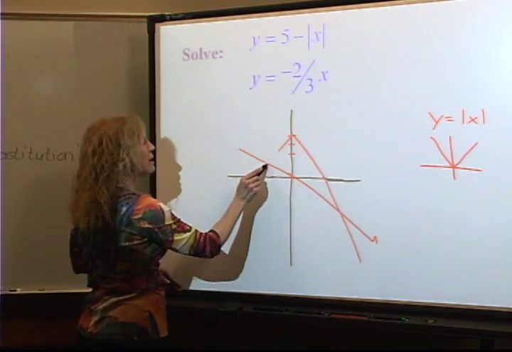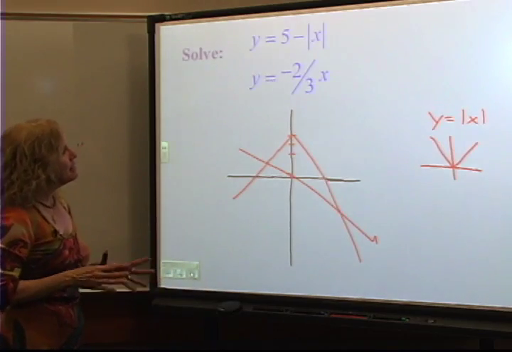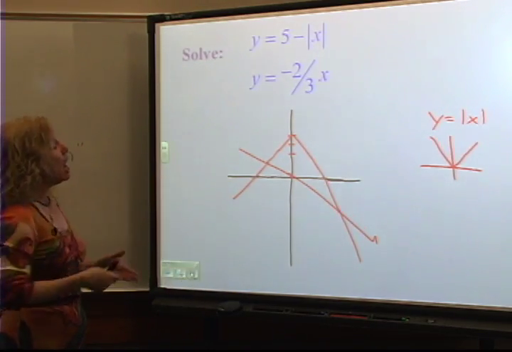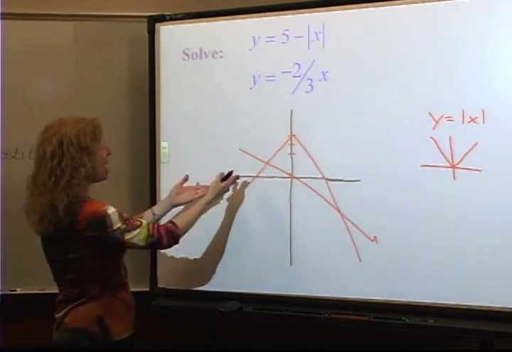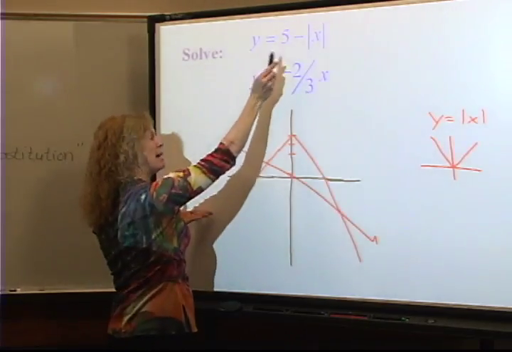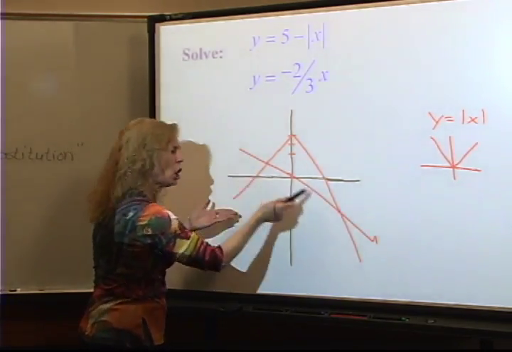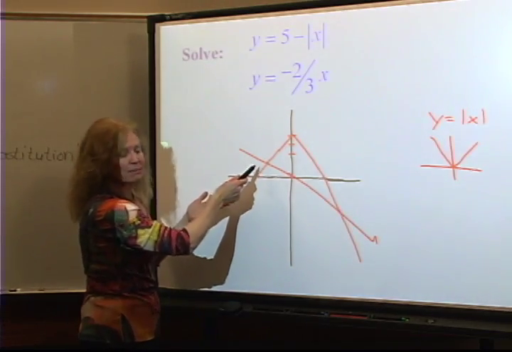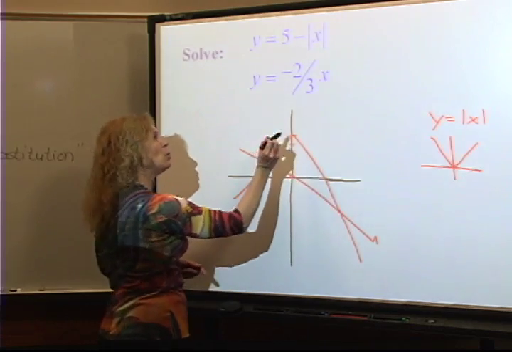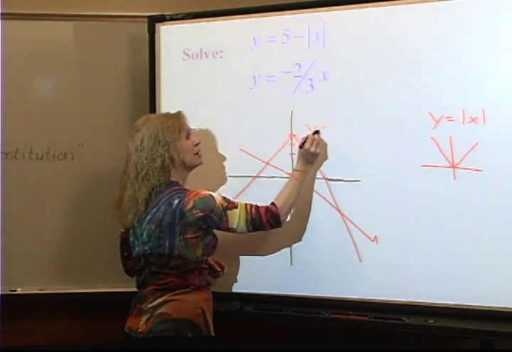And what I wanted to point out to you is that by being able to graph these equations and looking at my system in this way, I realized that I could take the equation of the line for this part of my absolute value. You can write that equation easily along with this equation and solve that system. I can do the same thing for this one. I know that we have got a y-intercept of 5.